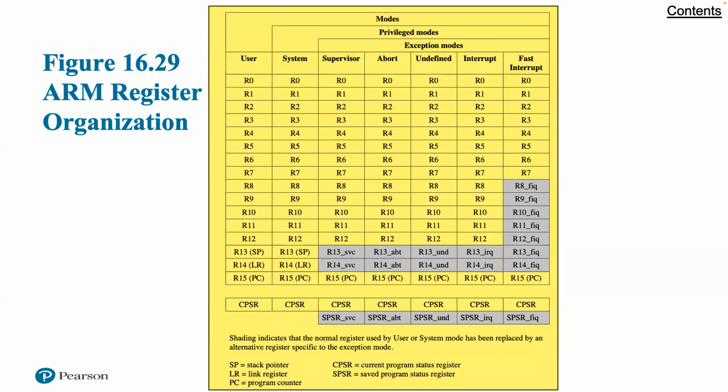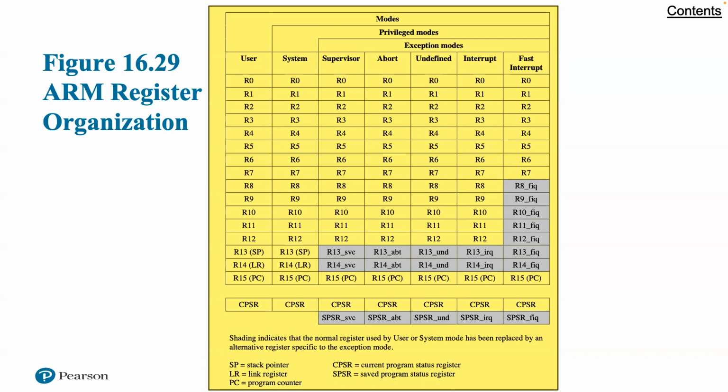So here in figure 16.29, it depicts the user visible registers for the ARM. The ARM processor has a total of 37 32-bit registers classified as follows. The 31 registers referred to in the ARM manual as general purpose registers. In fact, some of these, such as the program counter, have special purposes.